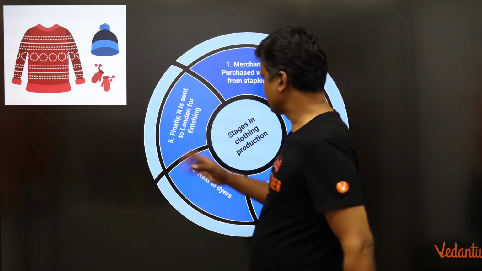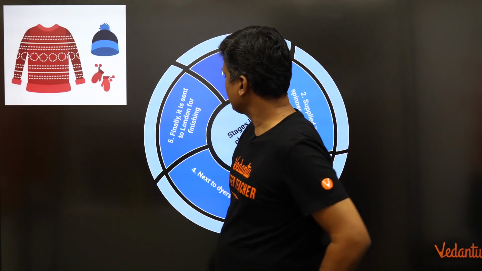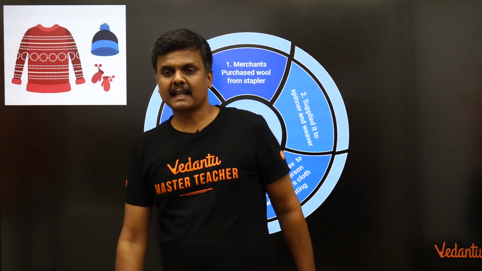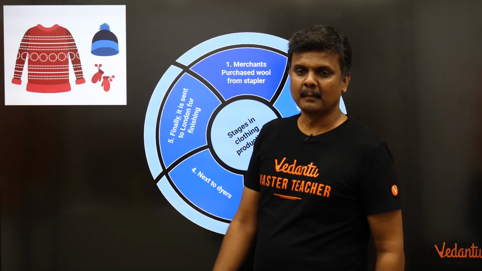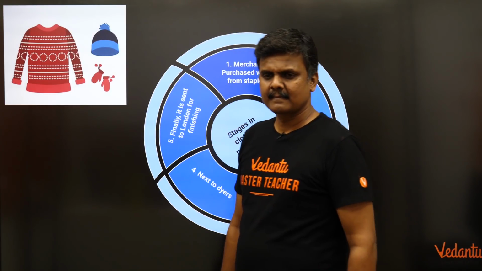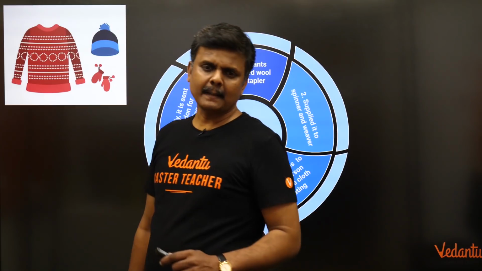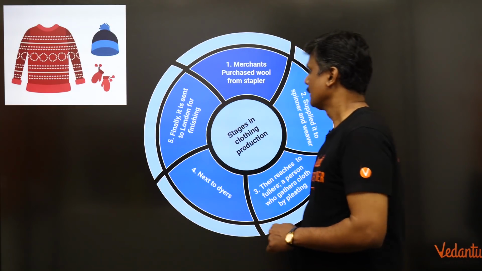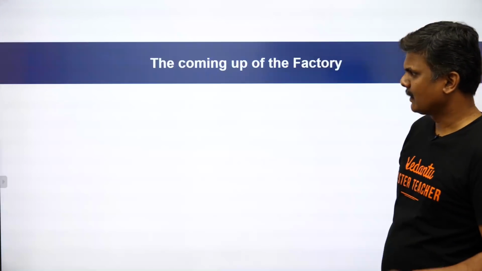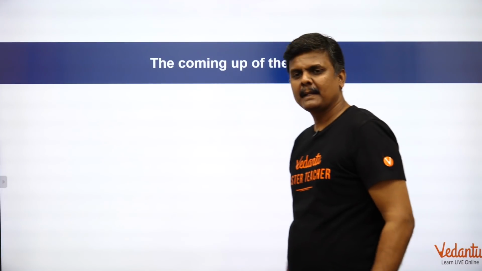And 4th is the dyers. And 5th, obviously, the finishing happens in London. Generally, Britain. This is one reason why Britain was called the industrial nation. And why is this important? The coming up of a factory. Which factory?